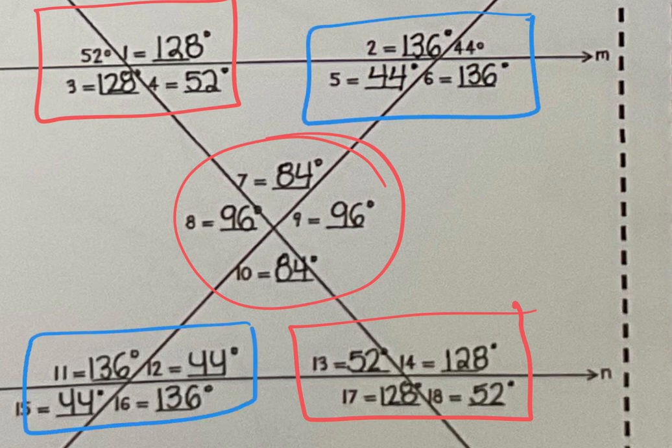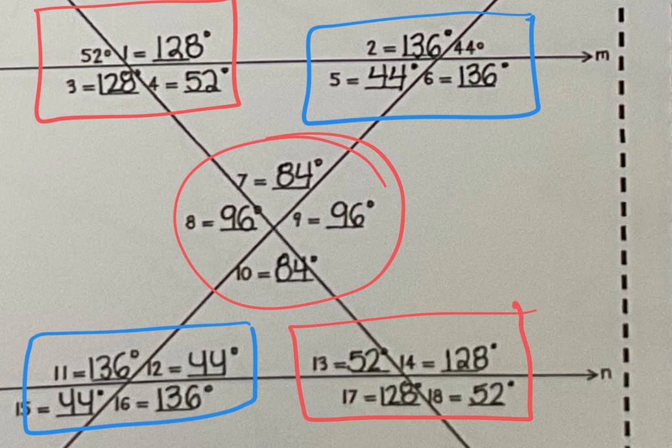But the center is not related to any of your corresponding, vertical, alternate interior, alternate exterior angles, none of that, because they are not dealing with another parallel line cutting through that. So you can't really use your other pieces.